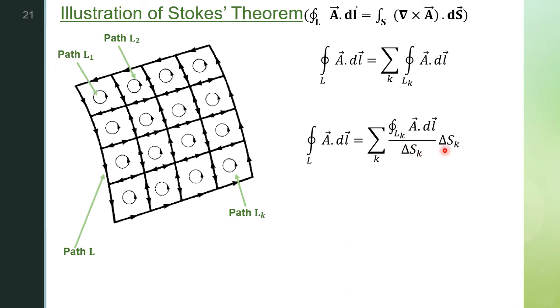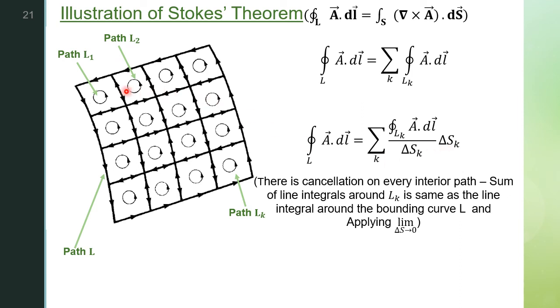Now when you consider the interior paths, along L1 the field is moving from bottom to top, and along L2 it is moving from top to bottom. So along the interior paths, the fields cancel out each other.